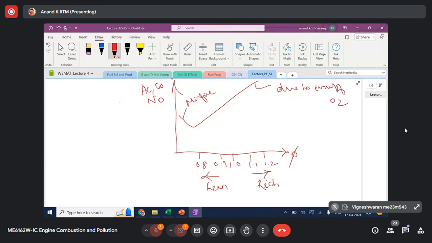When I talk about CO, there will be a continuous drop in CO when you go below equivalence ratio 1, because a lean mixture cannot result in CO formation. CO formation is highly sensitive to insufficient oxygen. That is the primary cause. There is no partial oxidation of carbon, right?